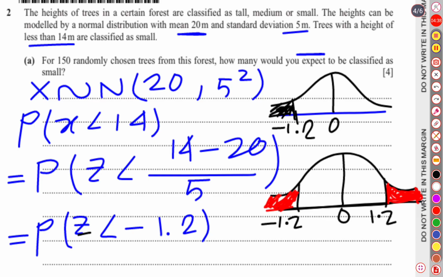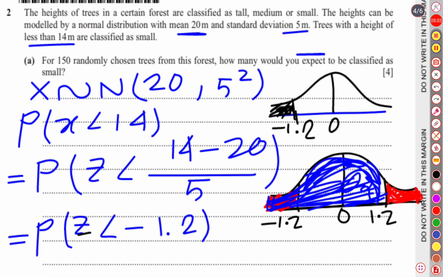What we will do is find the probability of the left part and subtract it from the whole probability, which means 1. From 1, if we subtract this left part, the blue shaded part, from the whole probability, we will surely get the tiny red part on the right.